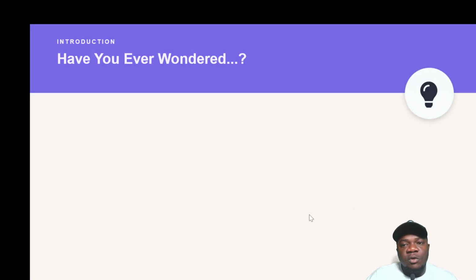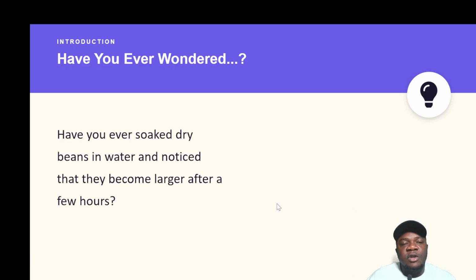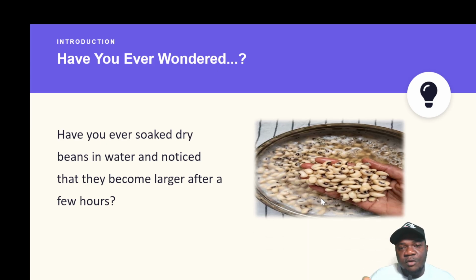It's very important for one to understand some basic principles. Imagine that if you soak beans in water for some time, you discover that the beans become swollen. These beans are used to prepare nice meals.